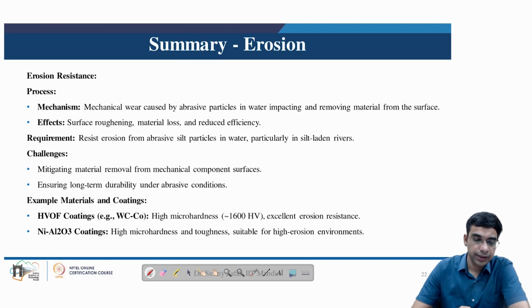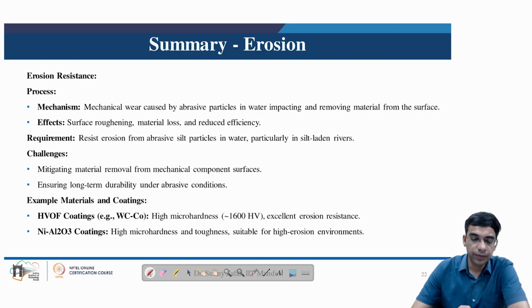So in this regard, the mechanisms involve mechanical wear by abrasive particles in the water impacting and removing material from the surface. This causes surface roughening, material loss, and reduced efficiency, and we need erosion resistance from abrasive silt particles in water, particularly in silt laden rivers.